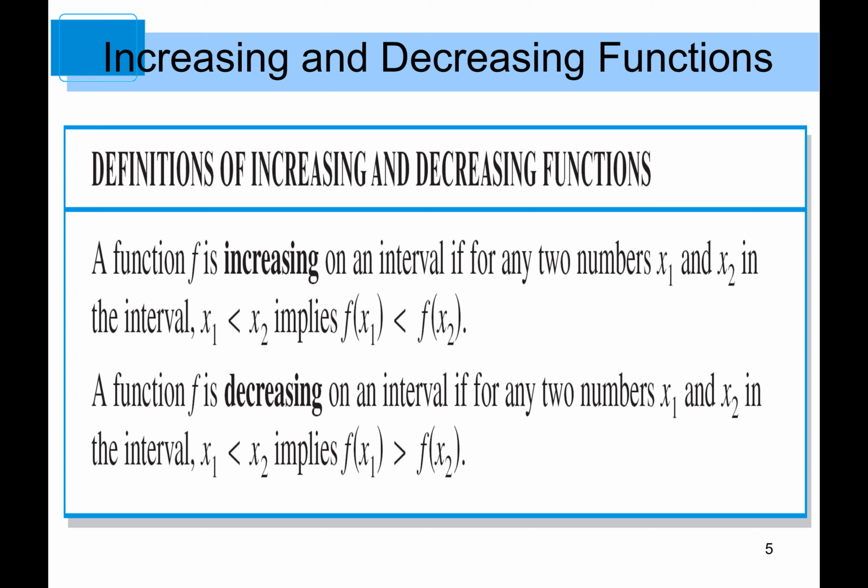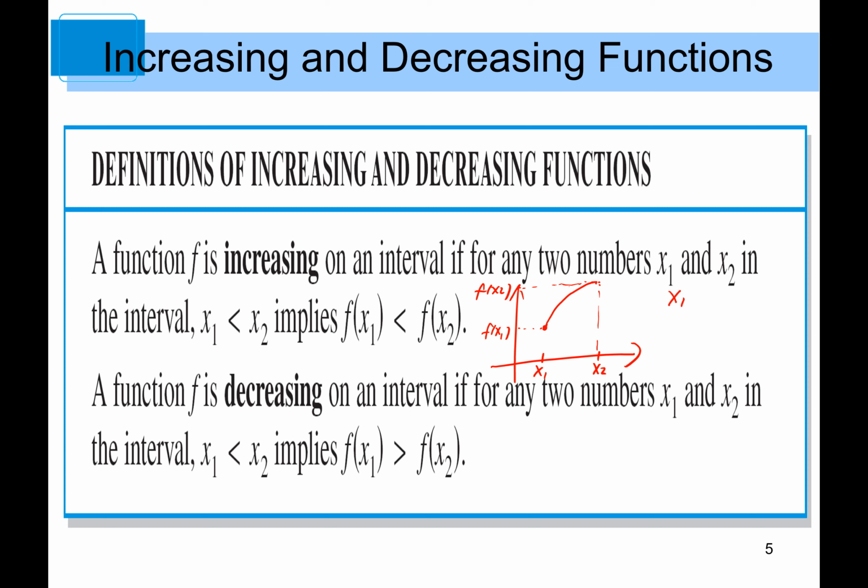A function f is increasing on an interval if for any two numbers x1 and x2. So let's say, okay, we have x1 here, x2 right here. So f of x1, that's that. F of x1, this is x2, f of x2 is here.